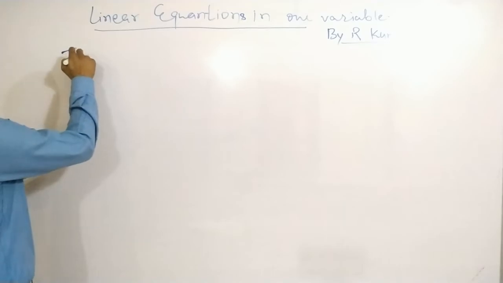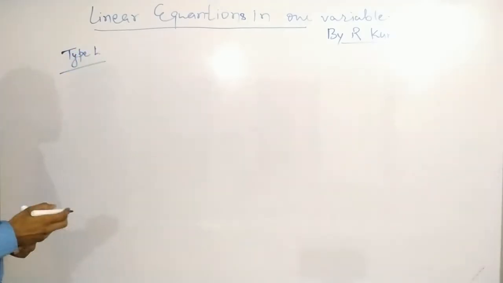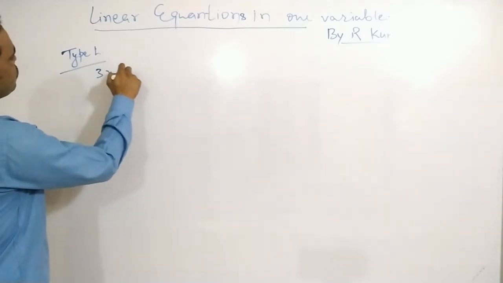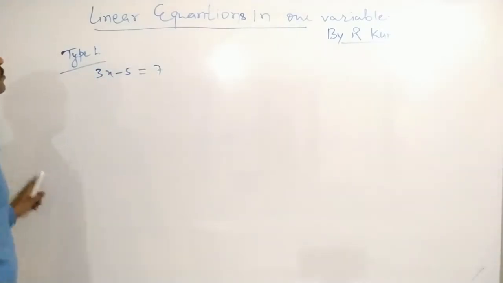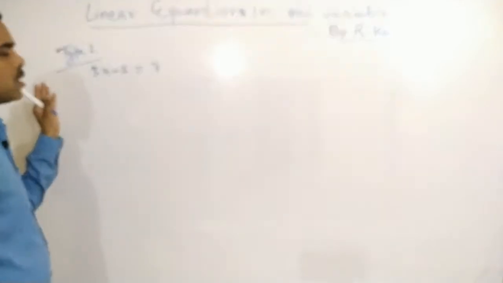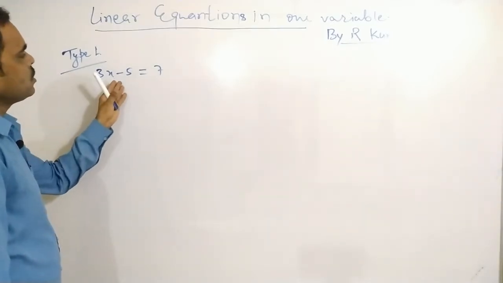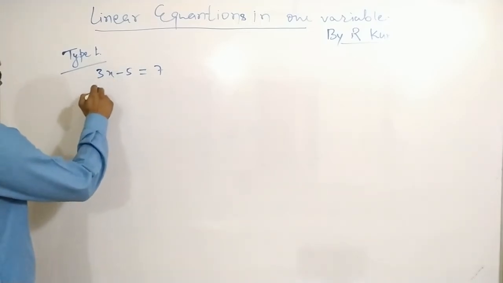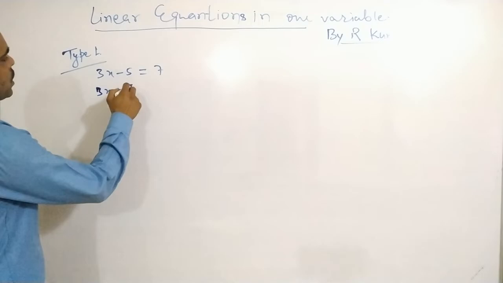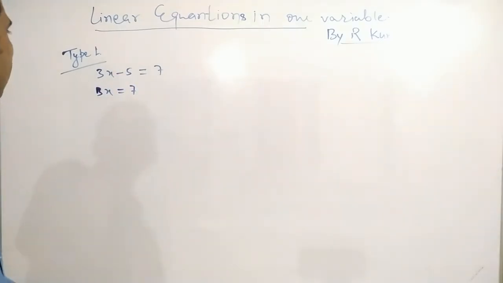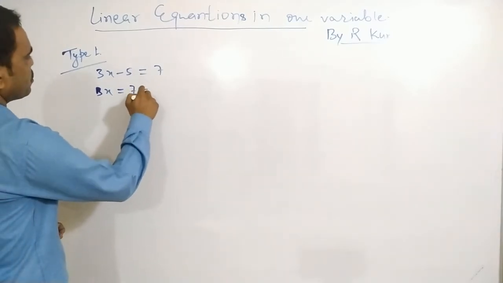I say it is type 1, and in type 1 I take a simple equation like 3x minus 5 equals 7. In this equation you can see x is available on one side only, so we need to shift only the constant, only the numbers, to the other side. 3x equals 7, and when you shift this 5 to the other side, it changes to plus 5.